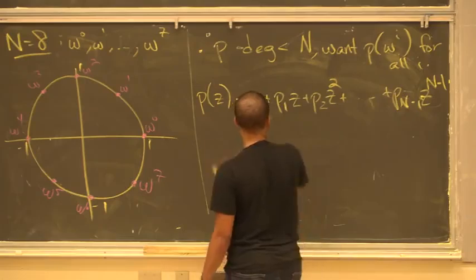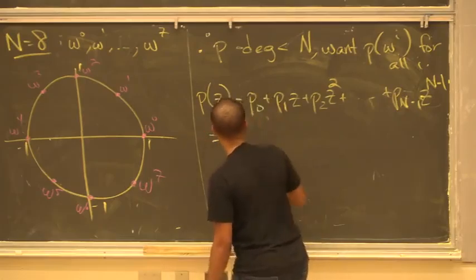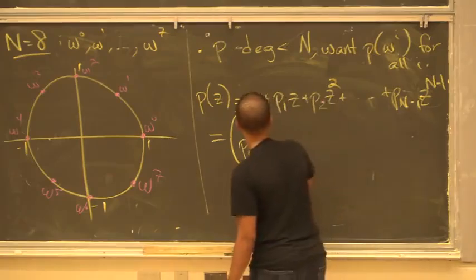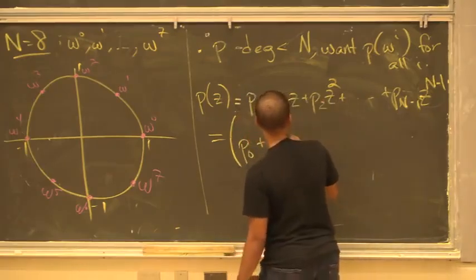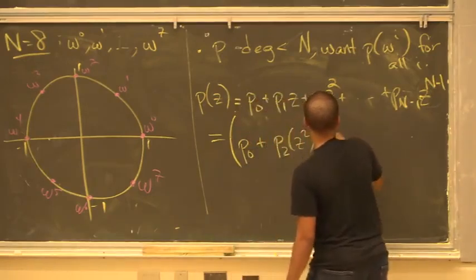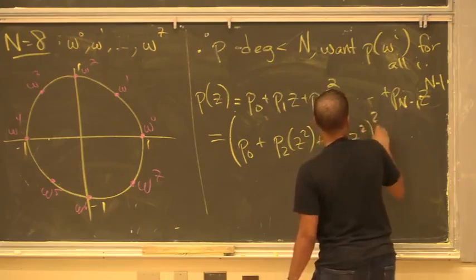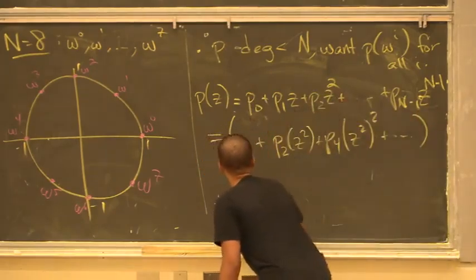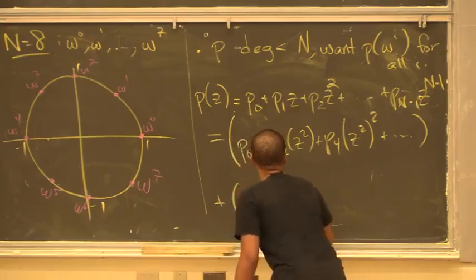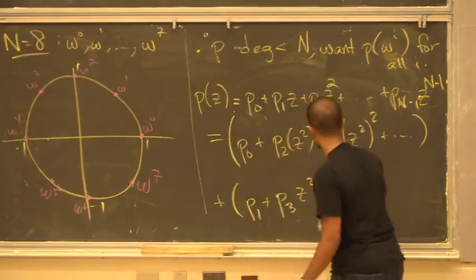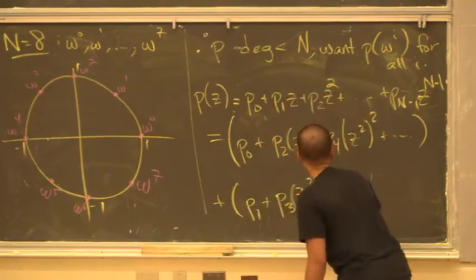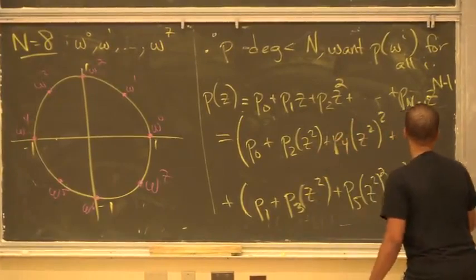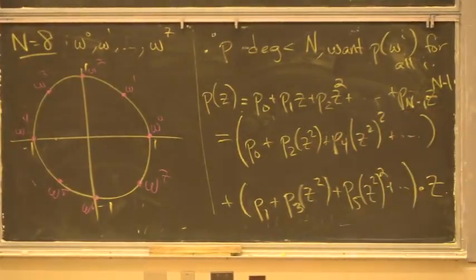I can write this as p0 plus p2 z squared plus p4 z squared squared, etc. These are basically the even indices, plus p1 plus p3 z squared plus p5 z squared squared plus dot dot dot, times z.